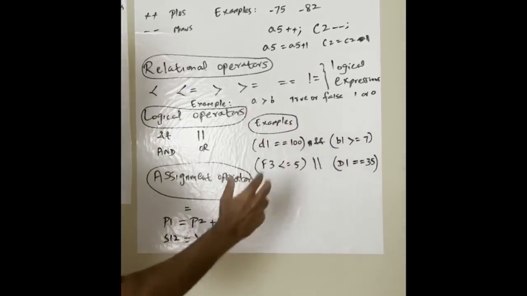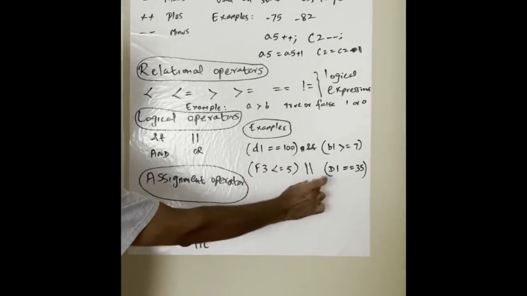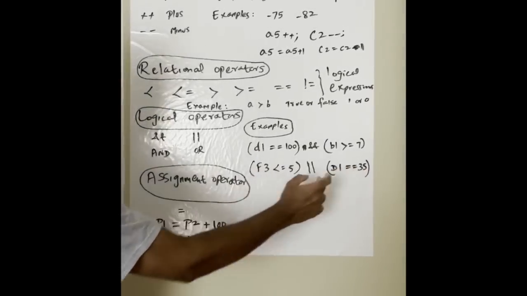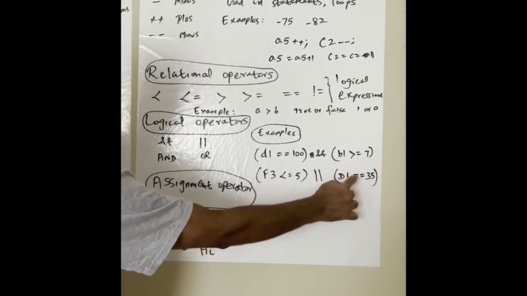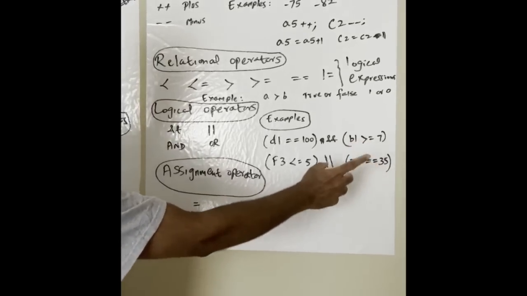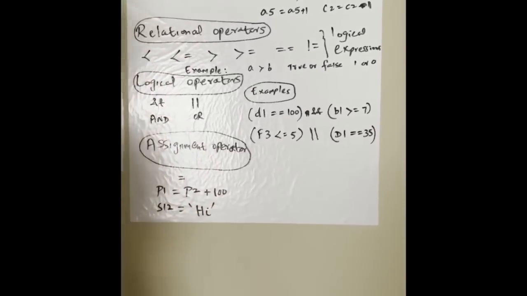If not, do that. Same thing, F3 less than or equal to 5 is an expression, or D1 equal to 35. Here 35 is not assigned; we are checking if D1 equal to 35. So two equal signs. There is a difference between one equal sign and two. With one equal sign, you are assigning values to a variable. With two equal signs, you are checking a condition.